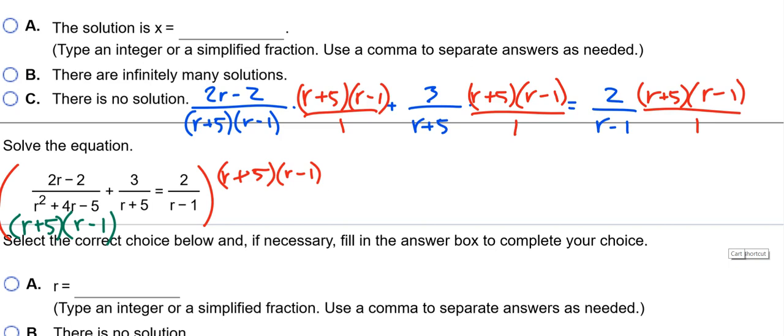It's looking good so far. Yes. It is. Nice job.